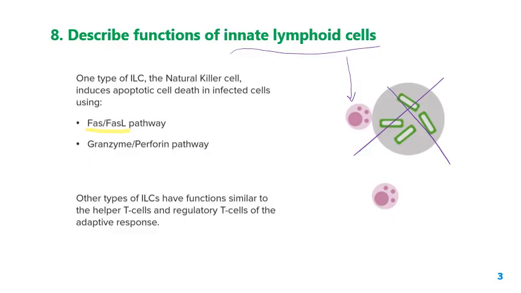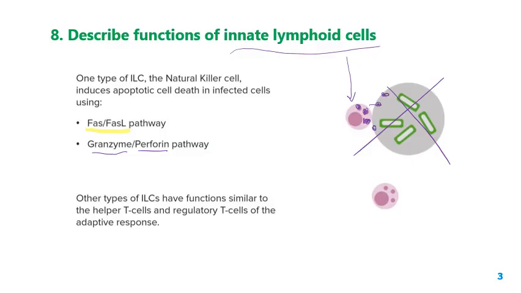Besides the Fas and Fas ligand interaction, the lymphoid innate cell can also dump granules. You see those little things over here? Those are granules packed with deadly stuff called granzyme and perforin. They punch holes in the surface of that cell.